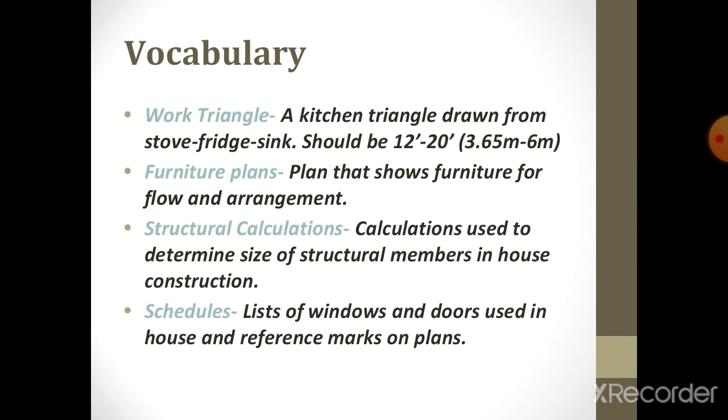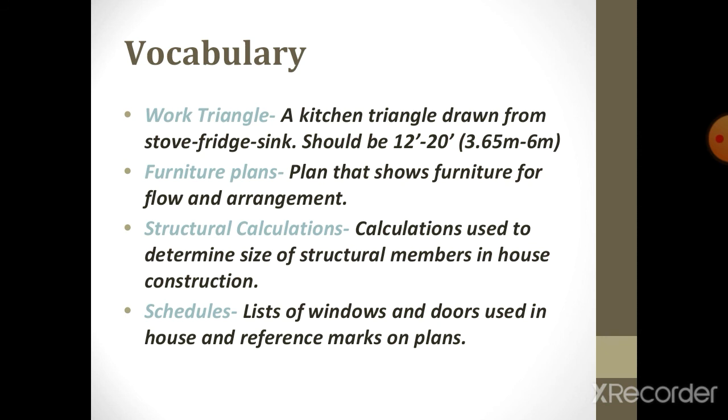So, these are some of the vocabulary that we're going to use in our topic. Okay, so we have the working triangle, furniture plans, structural calculations, and schedules. When we say working triangle, ito yung kitchen triangle na kinoconsider natin if we're going to place the stove, fridge, and sink. Usually, it should be 3.65 meters up to 6 meters yung kanyang space.